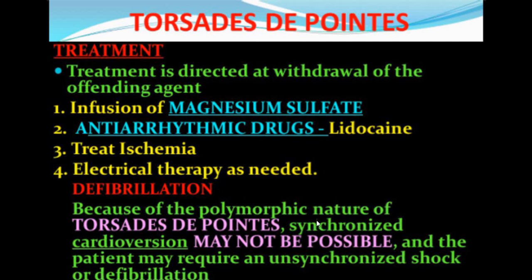Because of the polymorphic nature of Torsades De Pointes, synchronized cardioversion may not be possible, and the patient may require an unsynchronized shock, or what we call defibrillation. So by and large, an unsynchronized shock, what we call defibrillation, should be done.